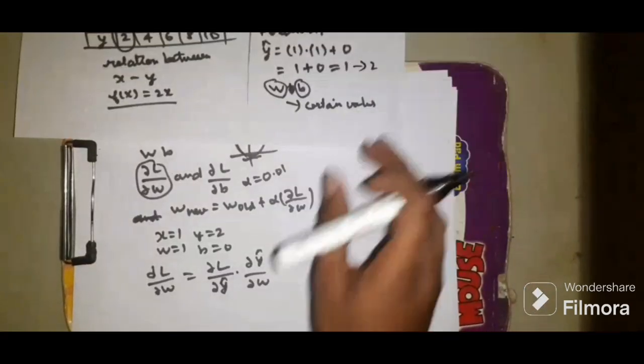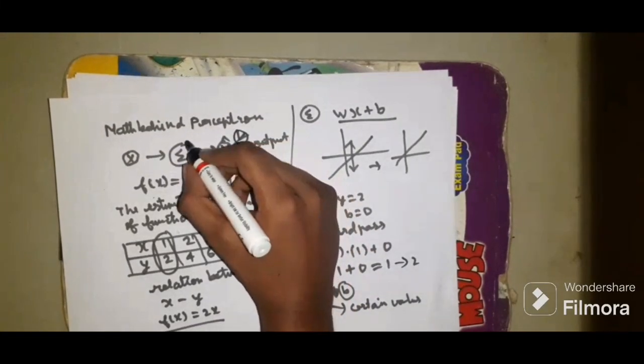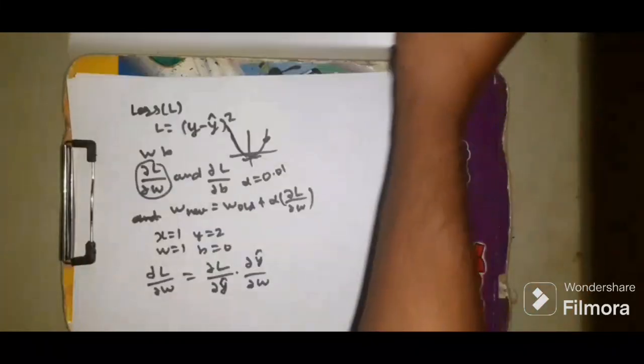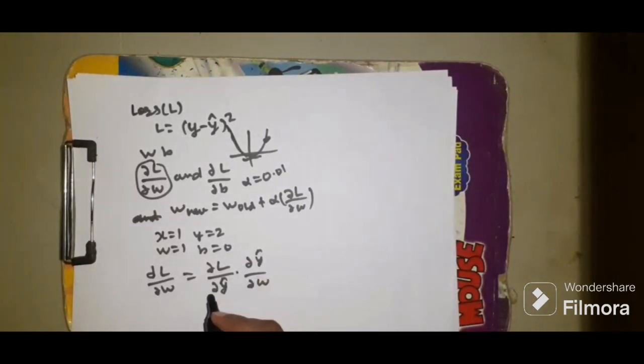That's why we are using the chain rule from the losses to the weights. Let's continue over here.